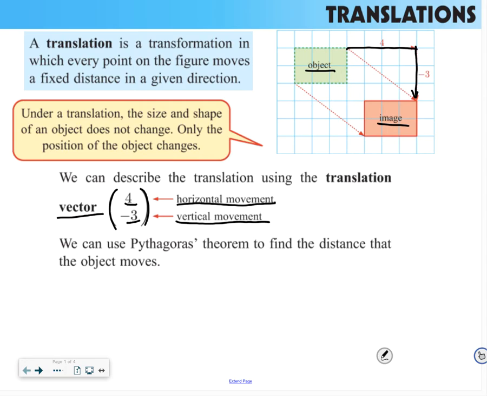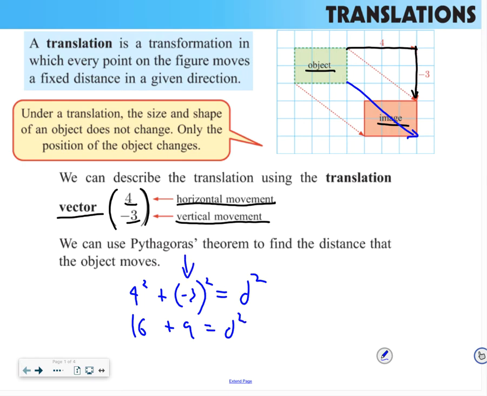Okay, so if we want to know the total distance that this object has moved, we can use the Pythagorean theorem. So how far did it move from here to there? Well, we can use 4 squared plus -3 squared equals our distance squared. We get 16 plus 9, which is equal to our distance squared.